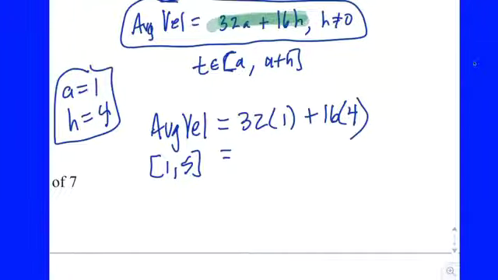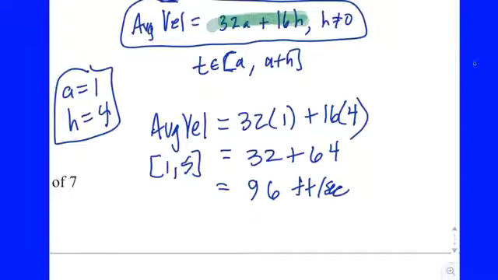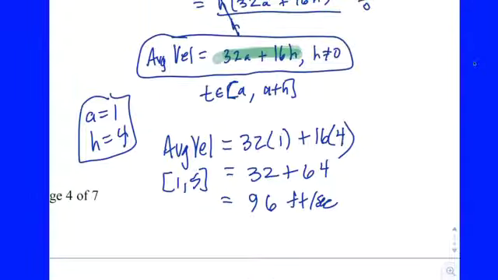And now all I've got to do is simplify that. That's 32 plus 4 times 16, which is 64. And if I add those together, I get 96 feet per second. Is that the same thing we got on part A? It is. But now I can use that formula for other things.